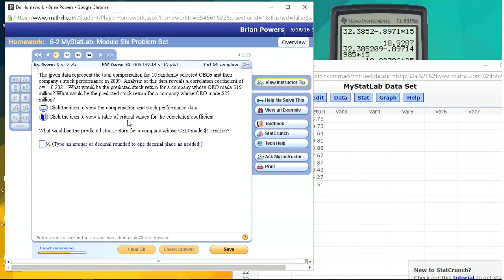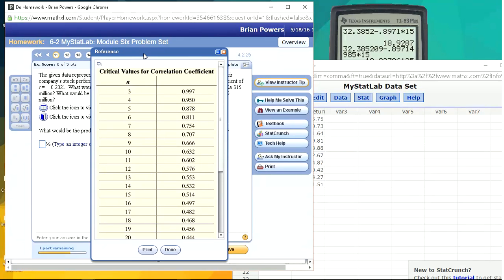Now, if a linear model was appropriate, we would do linear regression, create a linear model, plug in 15 million for x and see what we get. But the fact that the correlation coefficient is rather small makes us want to check the critical value.